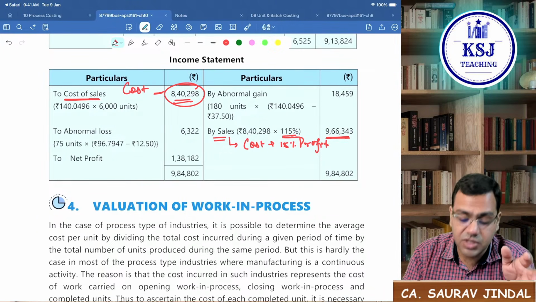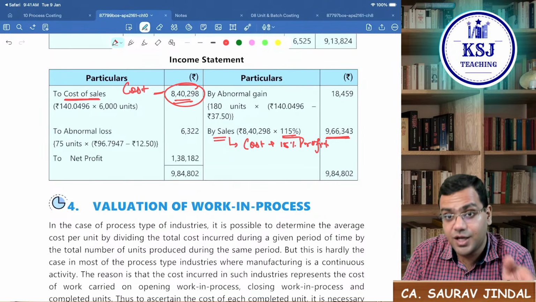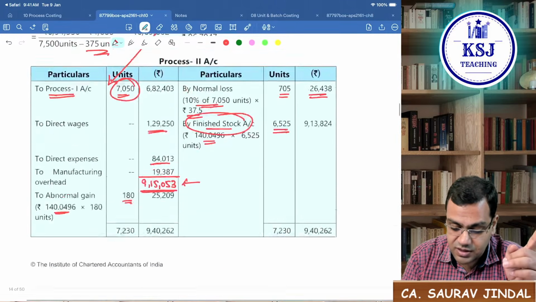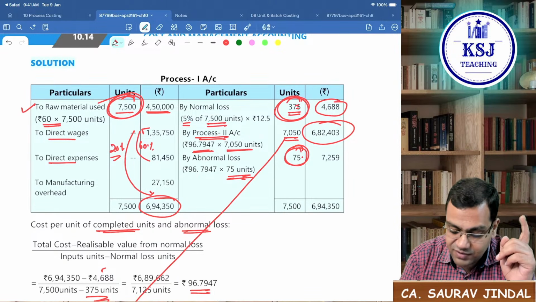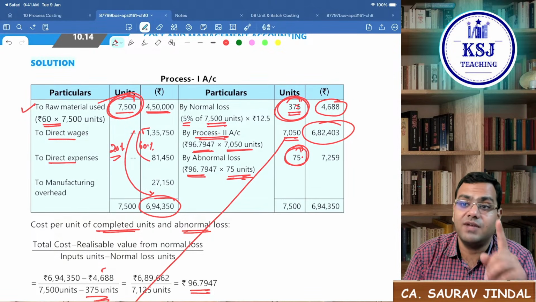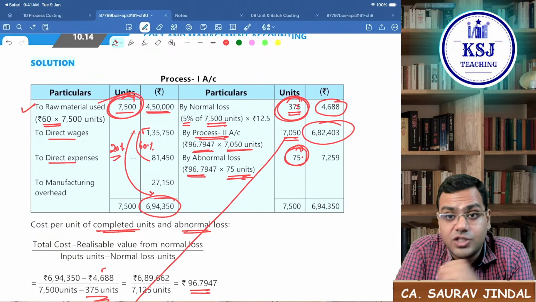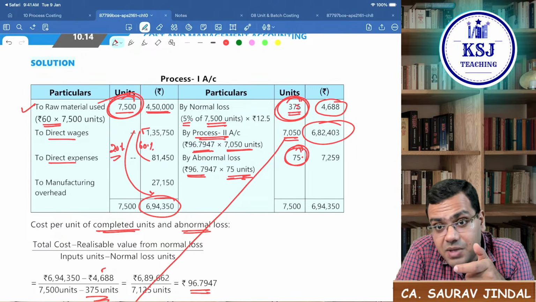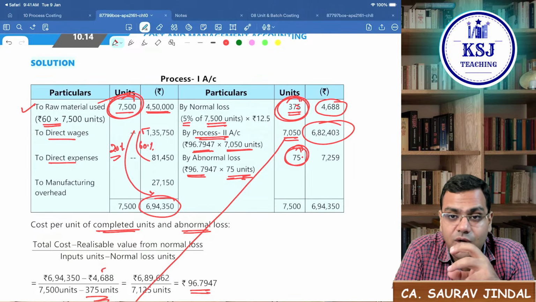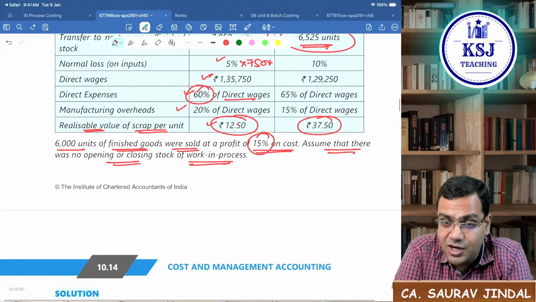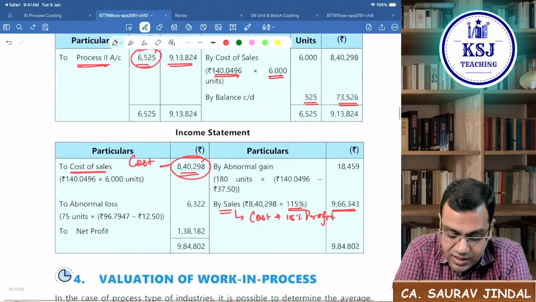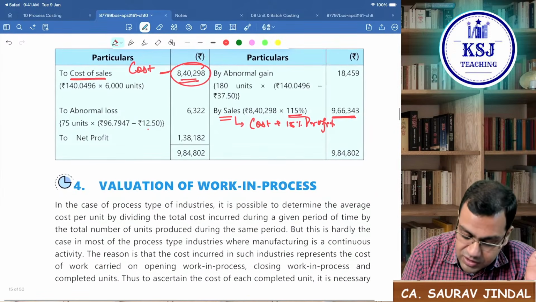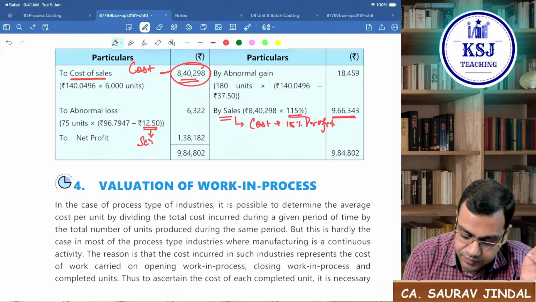Now next, in the income statement, what else do you have to take? Sir, here you will take your abnormal loss and abnormal gain, isn't it? In the first process, there was an abnormal loss of 75 units, right? So 75 units valued at 96.7947. But what will you take to the costing P&L? Will you take the whole value to costing P&L, or is there a scrap value of 12.5? Sir, there is a scrap value of 12.5. So that is why in the income statement they have reduced this 12.5, which is your scrap value.